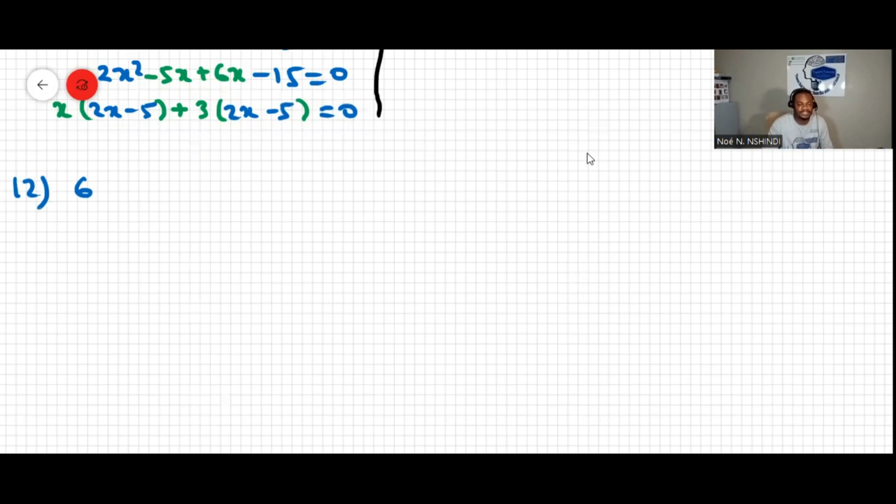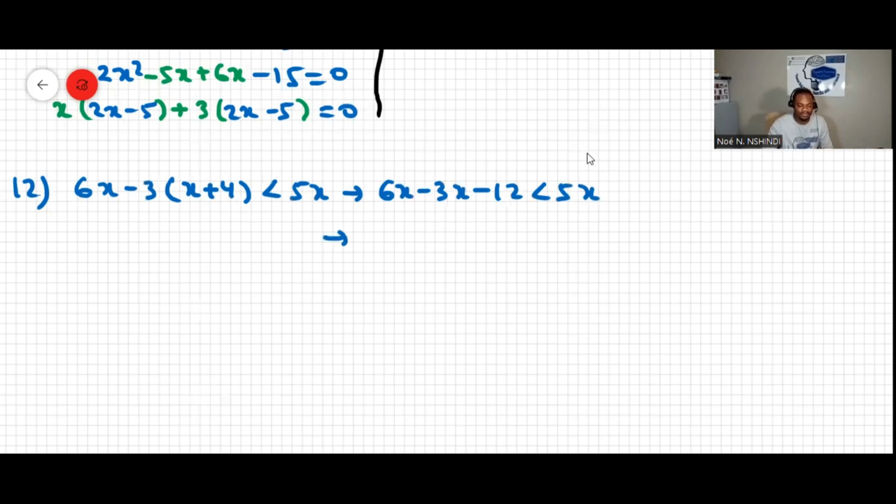Question says 6x minus 3, open bracket, x plus 4, less than 5x. So we'll make this 6x minus 3x minus 12 less than 5x. That makes 6x minus 5x minus 3x.